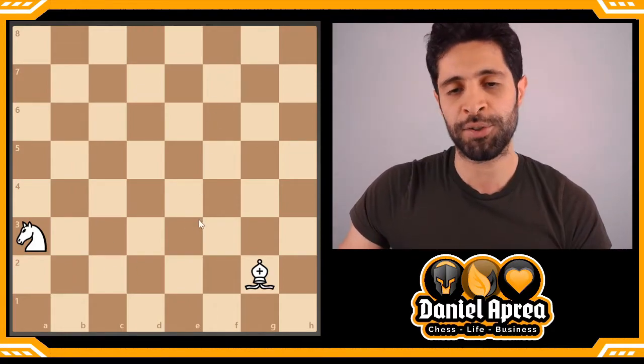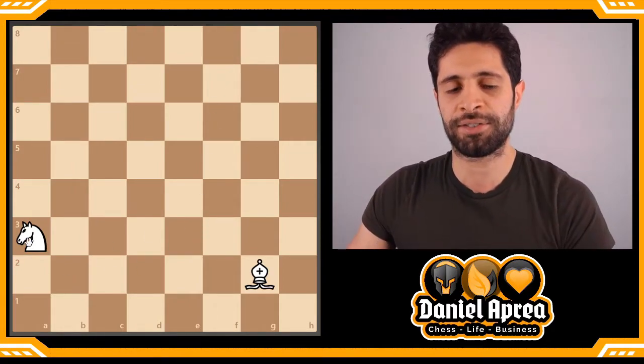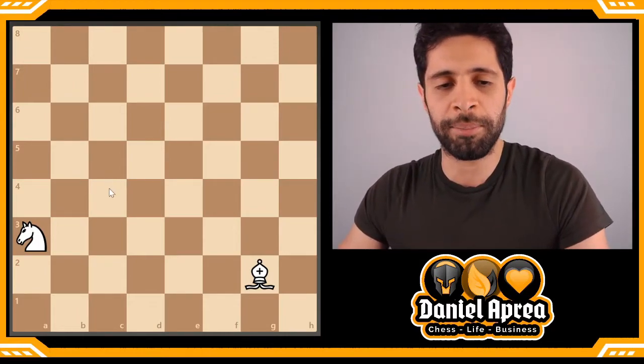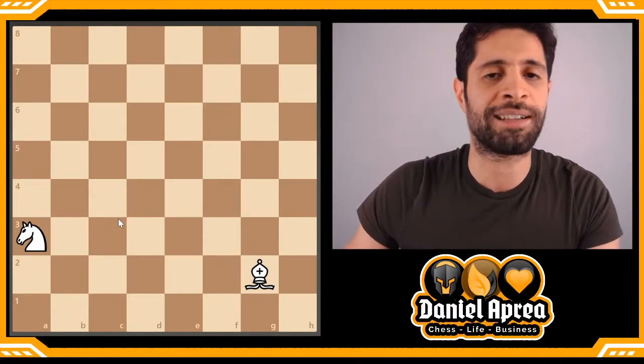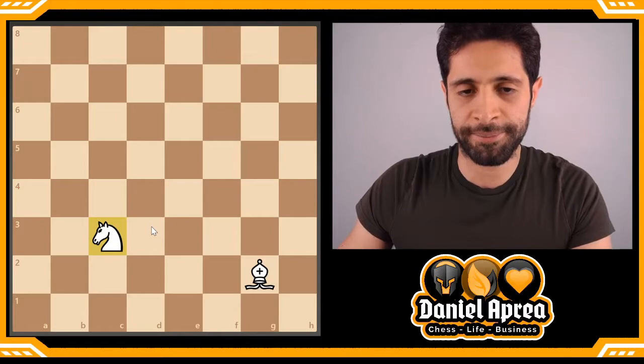In fact, sometimes some players might do a maneuver where they put the knight on the side of the board, just hoping to have enough time to go towards the center, and the opponent might try to use that time advantage because the knight needs one more move to get back to strike and attack somewhere else. So it is very important to understand that normally you want your knight centralized as well.